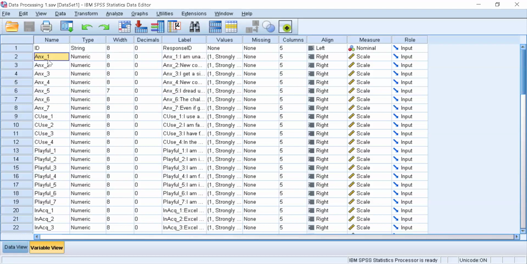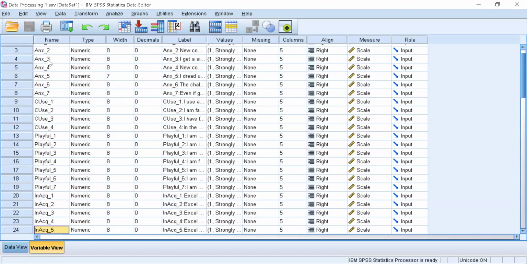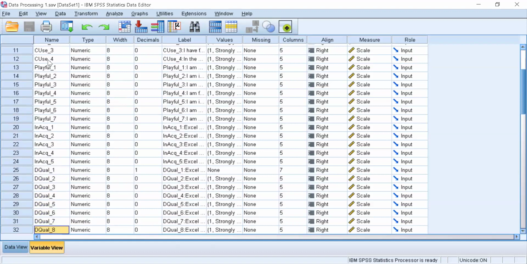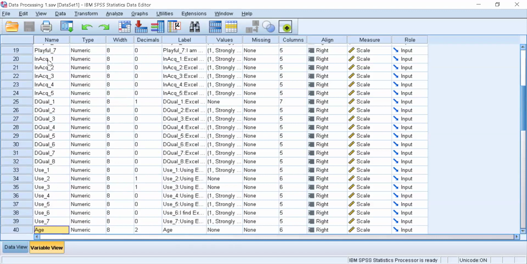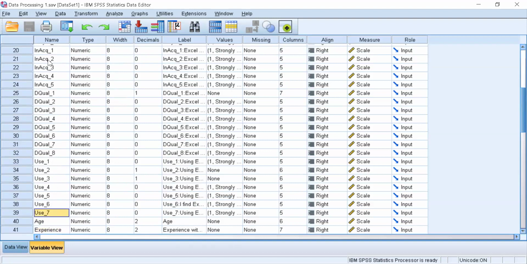So the items that I have asked my respondents is all there. So I have asked 7 questions about a certain, in total, I had asked 7 plus 4, 11, 11 plus 7 is 18, 18 plus 5 is 23, and 23 plus 8 is 31, and 31 plus 7 is 38.